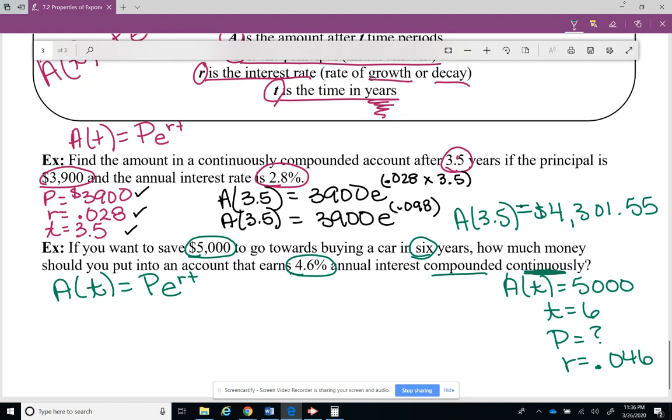All right, now our A of T is $5,000. We know how much we want to save. We don't know what our principal is, so P stays as P. All right, E to the rate times the time. All right, the rate is 0.046 times the time, which is 6 years. All right, we're going to go ahead and plug that into our calculator.